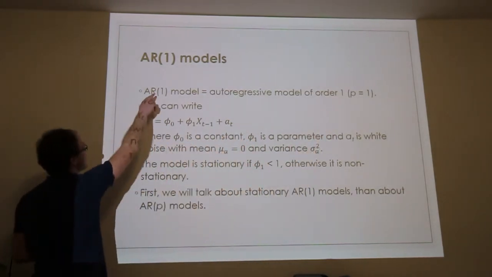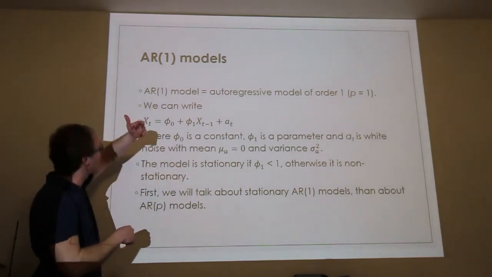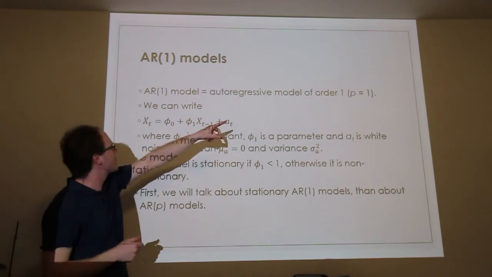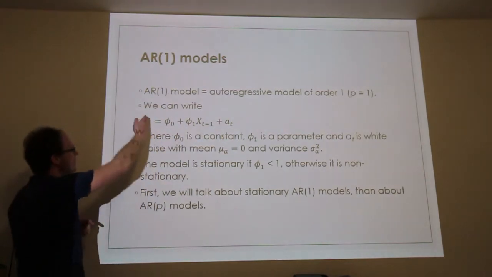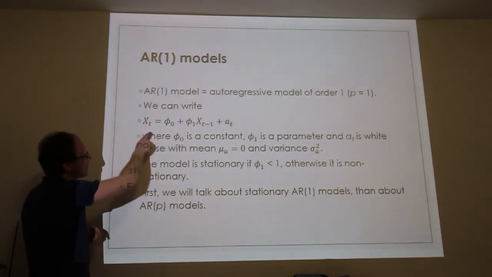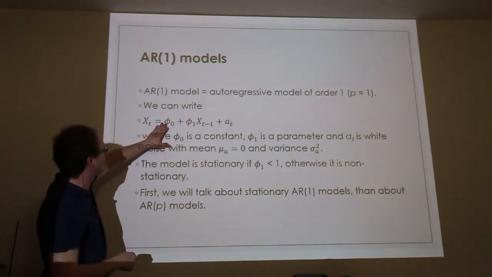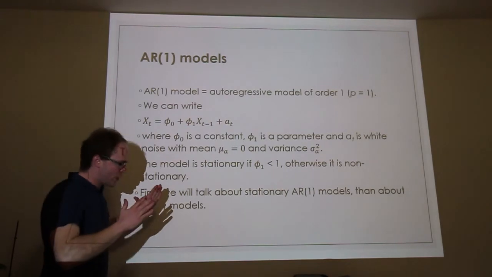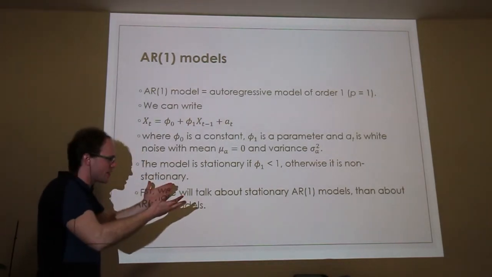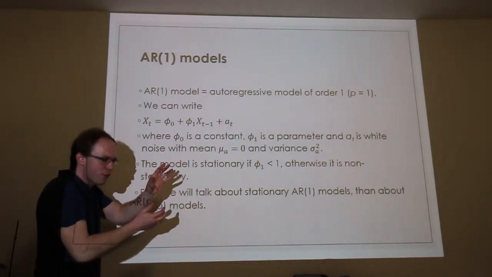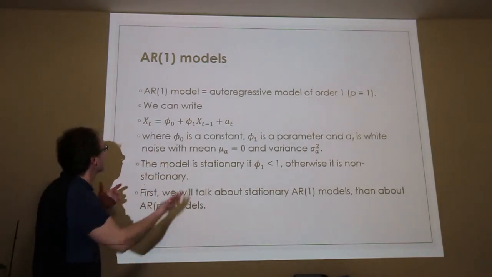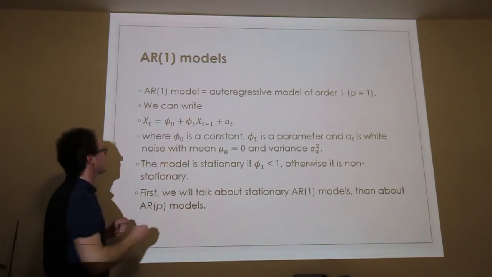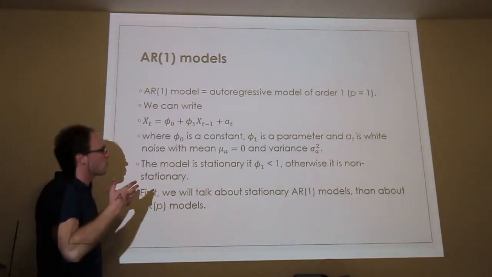The autoregressive model of the first order is the model where p is equal to 1, and we can write that the value x in time t is equal to a constant, phi 0, which can be placed in the model if it is significant or omitted if it is not significant.